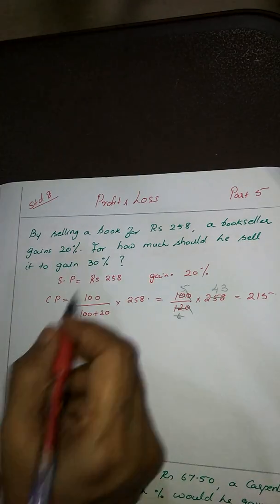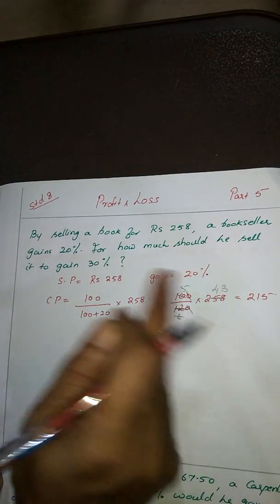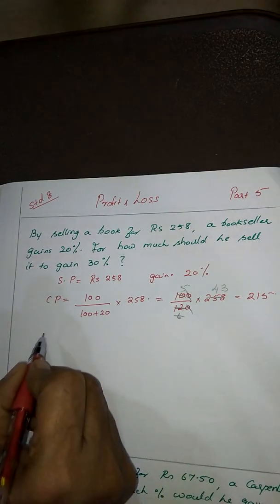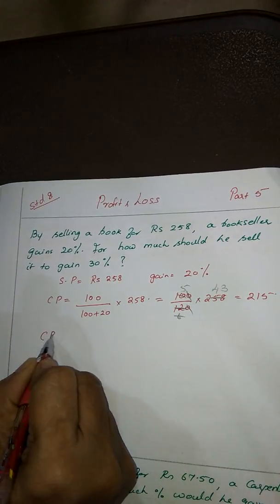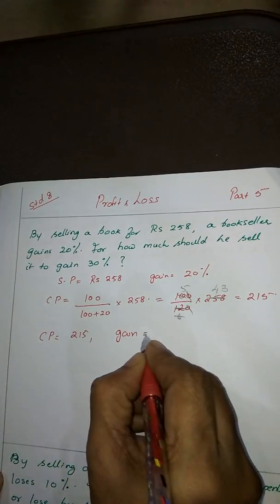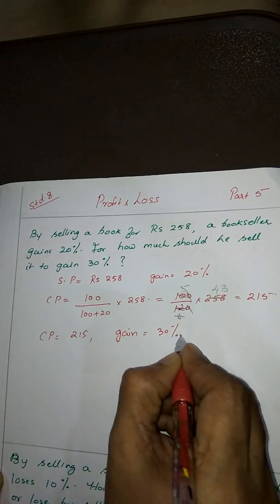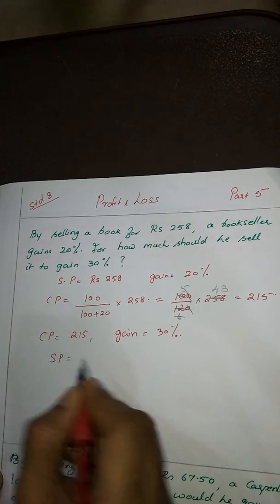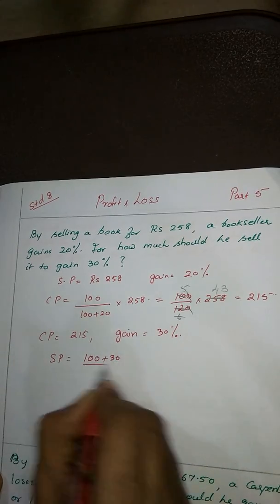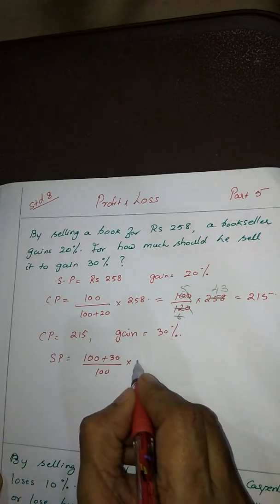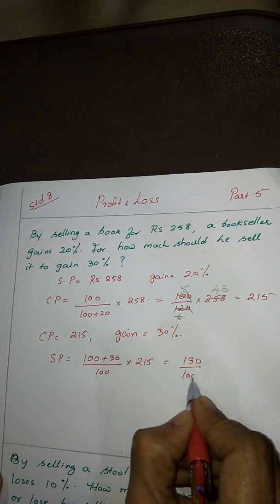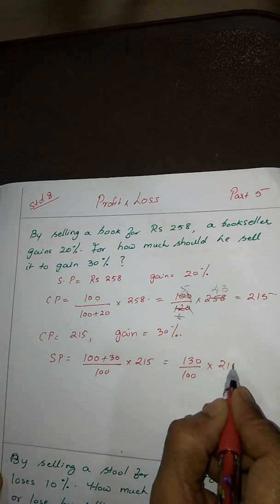Now again you will find the selling price with this cost price and gain is 30, because he wants the gain to be 30%. So now cost price is equal to 215, gain is equal to 30%. So we will find the selling price is equal to, the formula is 100 plus gain percent by 100 into cost price. So this is equal to 130 by 100 into 215.